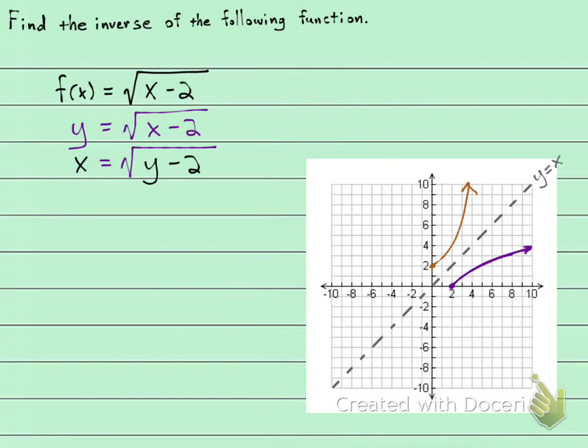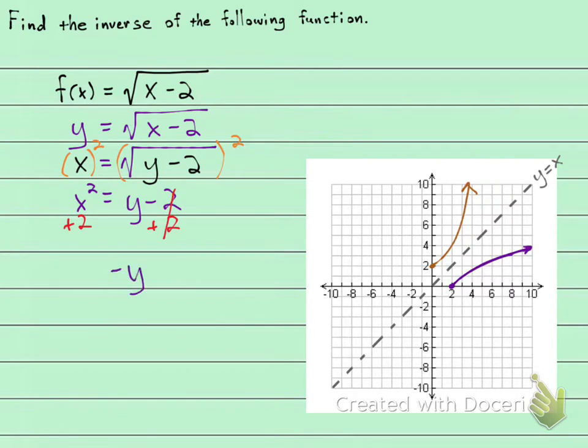So we're going to square both sides. That's going to give us a new equation where the y is not under the radical. Now I have x squared equals y minus 2. Add that 2 to both sides, and then my y is going to be by itself.